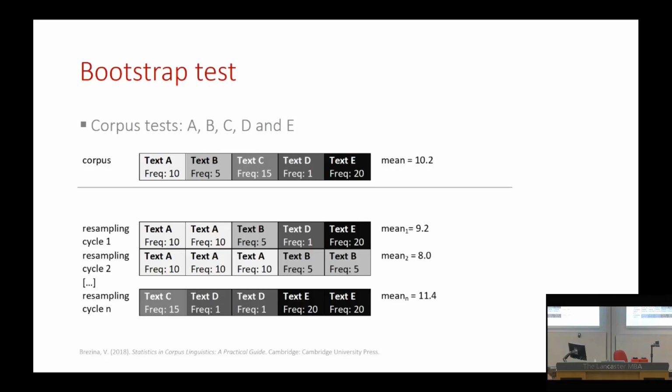Here starts the fun. This is the resampling bit. The computer then runs this resampling procedure with replacement. So we replace the text back into the pool. You can see that in this first cycle, we have text B represented twice, then D and E, but we are missing text C. So it didn't get into the sample just by chance, because we do random sampling in each cycle. But we take the mean value of those that are available in the sample.